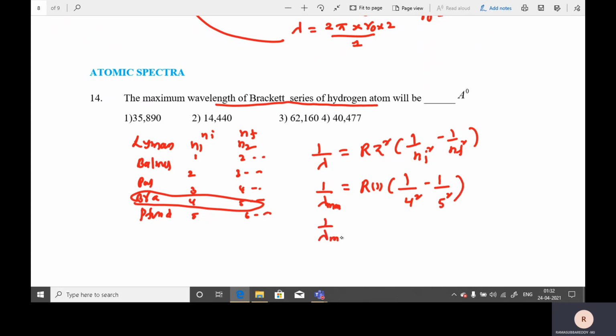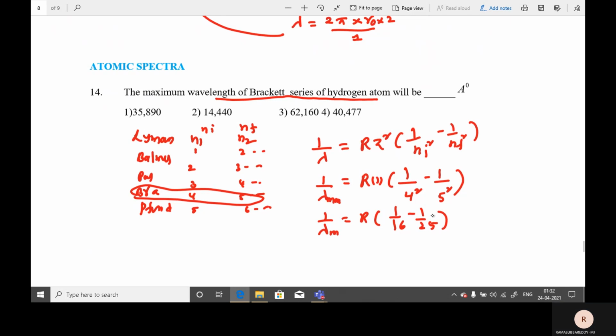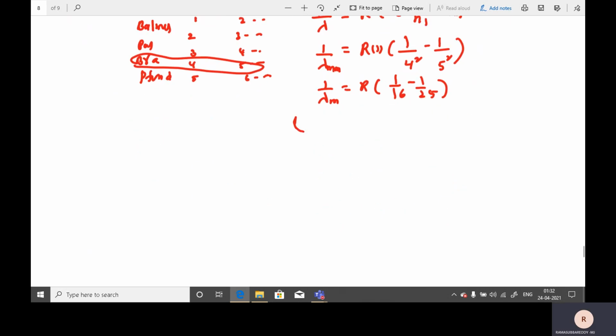So 1 by lambda max is equal to R into 1 by 16 minus 1 by 25. Then 1 by lambda max is equal to R, LCM 25 minus 16, which is 9, over 16 into 25, which is 400. Now we need to find lambda max, so lambda max is equal to 400 divided by R into 9.